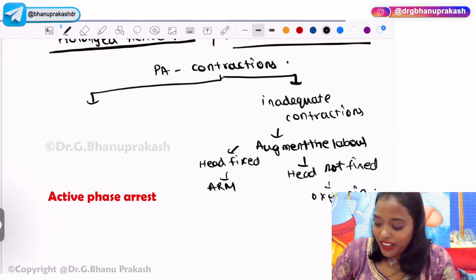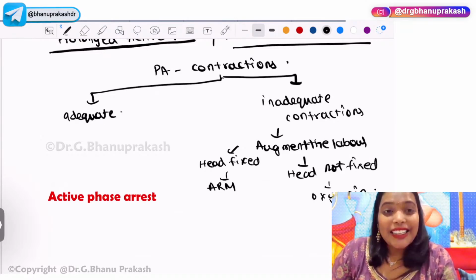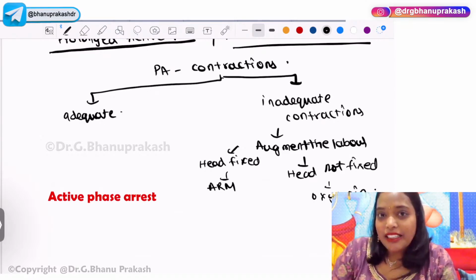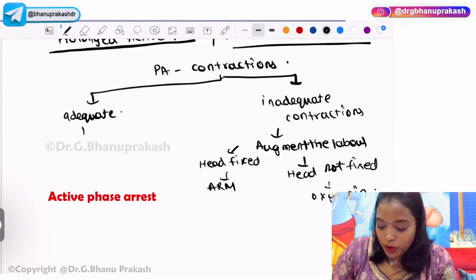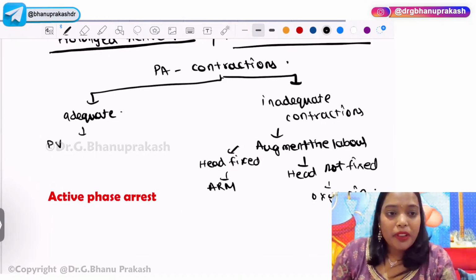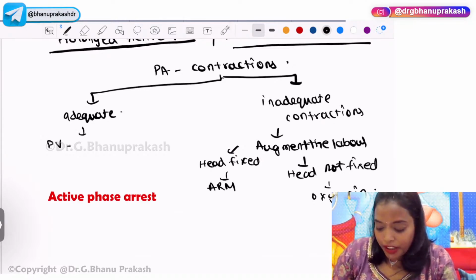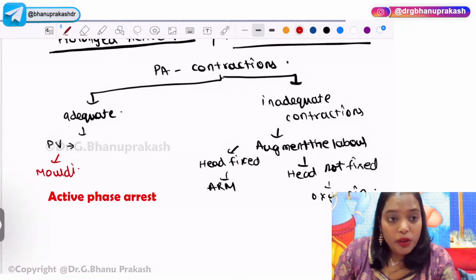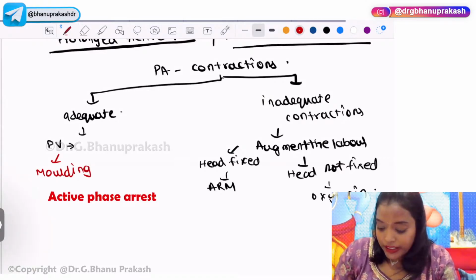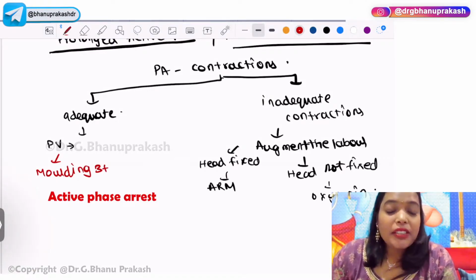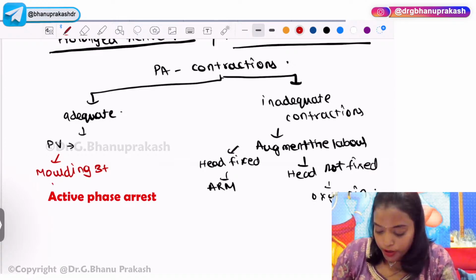So per abdomen, if the contractions are adequate, that is, if she's getting 3 contractions in 10 minutes, then do per vaginal examination. On per vaginal examination, if you have molding, that is overlapping of skull bones, and if it is 3+, then it means it is a cephalopelvic disproportion.